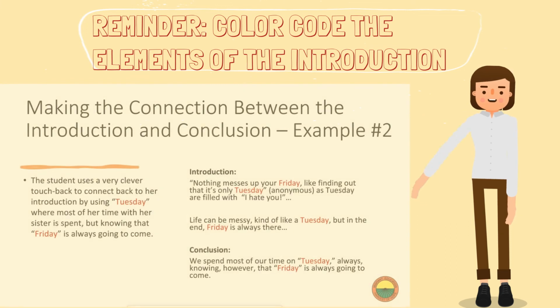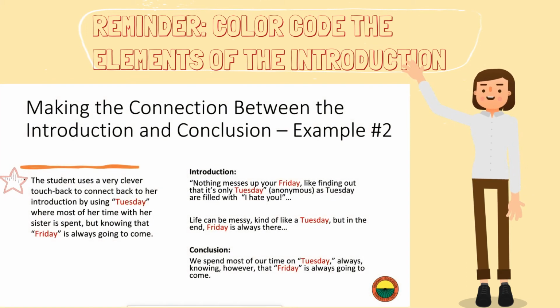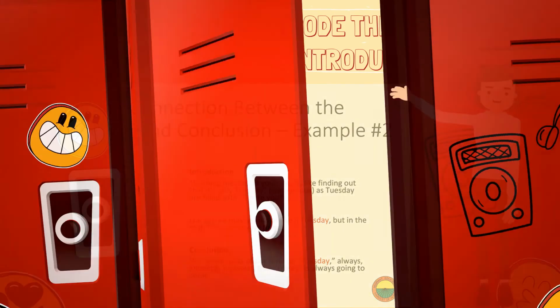She's got this clever play on words, with Tuesday representing the everyday messiness of life where people don't always get along, but then using Friday to be that point where, in spite of all the Tuesdays, Friday is there, and that's that idea that we love each other in spite of everything that happens on Tuesday.